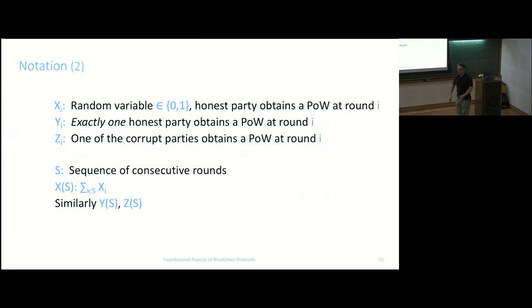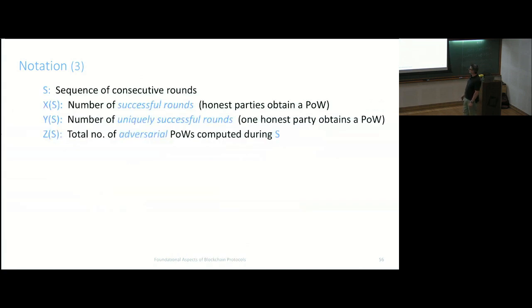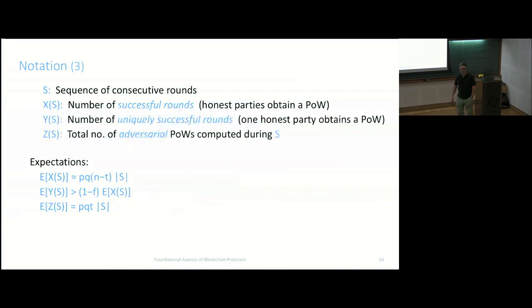If you have a sequence of consecutive rounds, they should have something like this, the sum. And then you can talk about expectations. This notation is a bit heavy, maybe, but it's not that difficult.